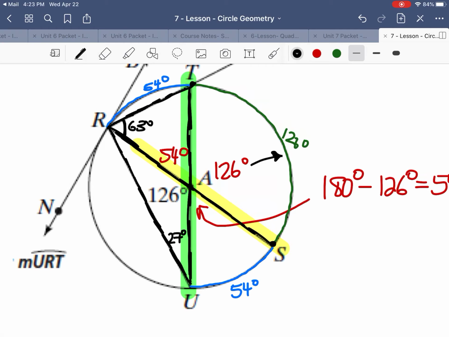So we can pull a lot of meaningful information out of this. And so we can get another angle here just by doing 180 minus 126 minus 27, which is going to be 27 degrees. I'm still in the part of the process where I'm just writing down everything I know.